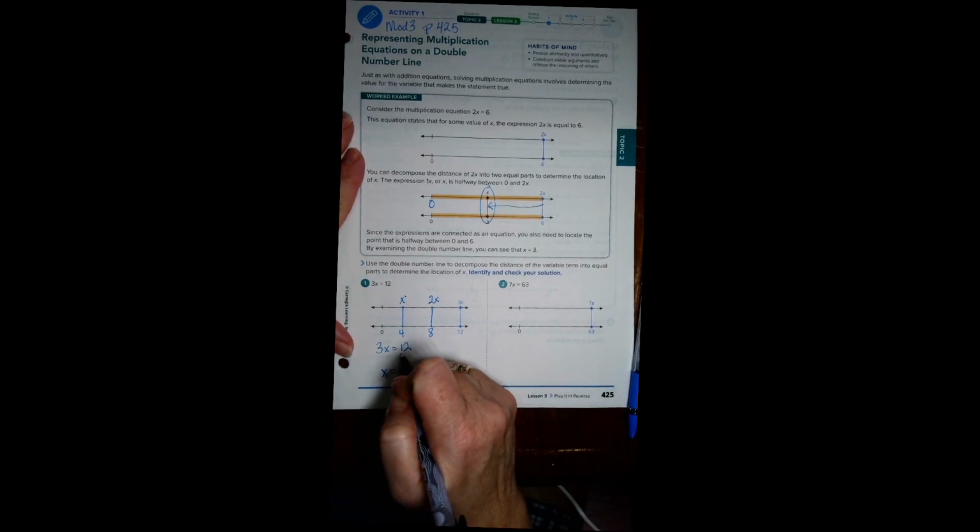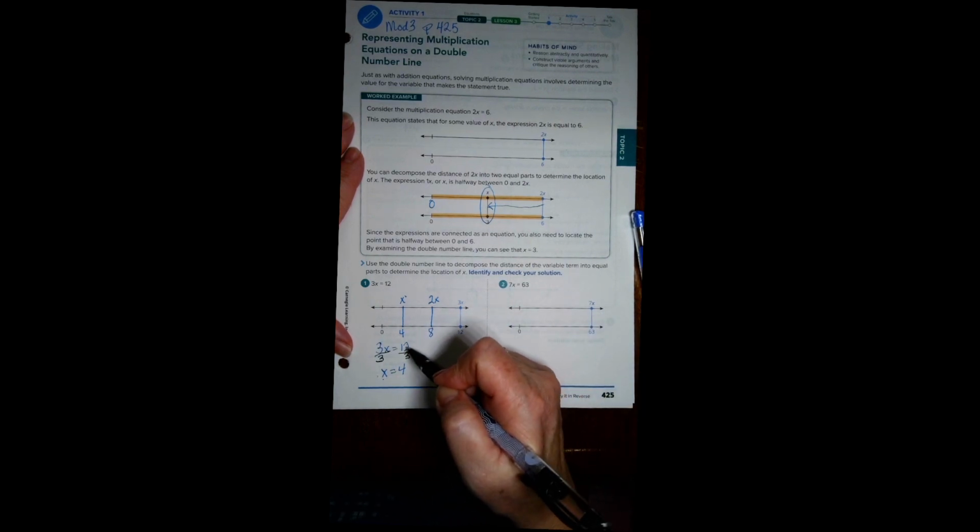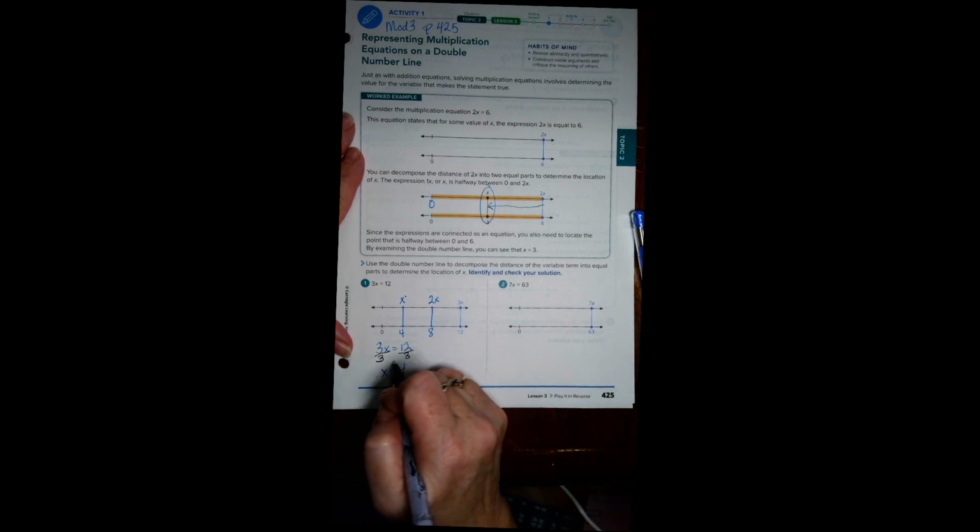We divided this group of 12 into 3 even parts, and we divided this 3x into 3 equal parts. And we know that 3 over 3 is 1, leaving us just 1x, and 12 divided by 3 is 4. This is 3 divided by 3. 3 divided by 3 is 1. 12 divided by 3 is 4. So x equals 4. Now it wants us to check.